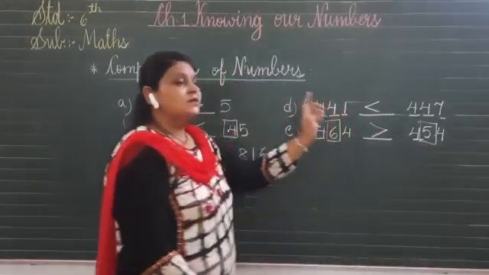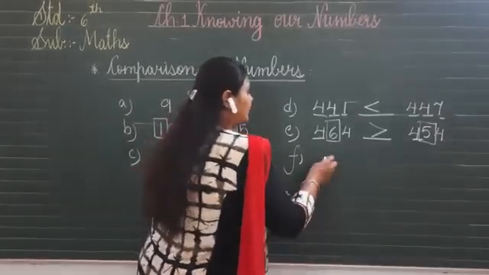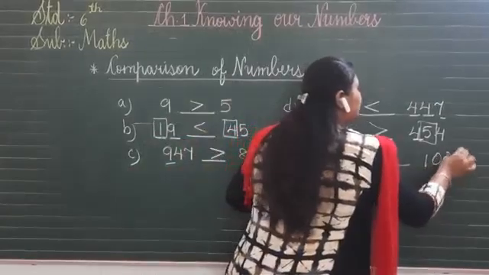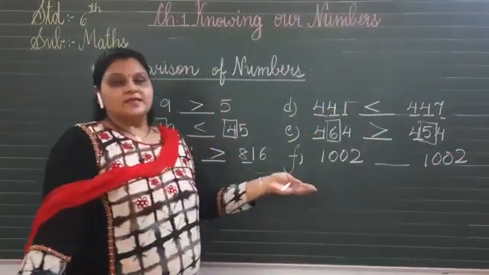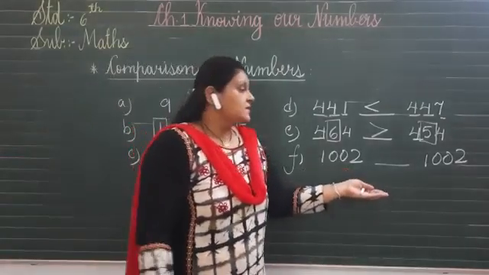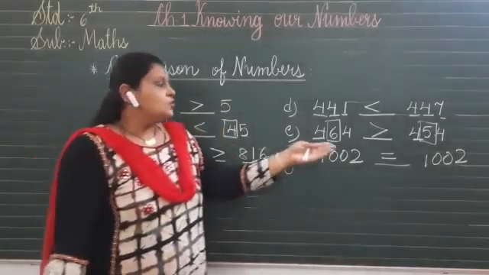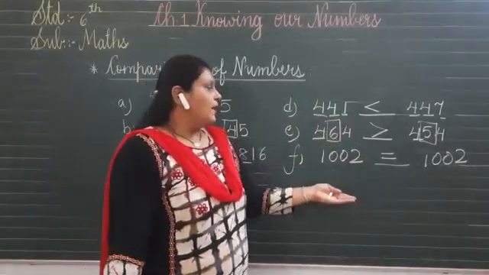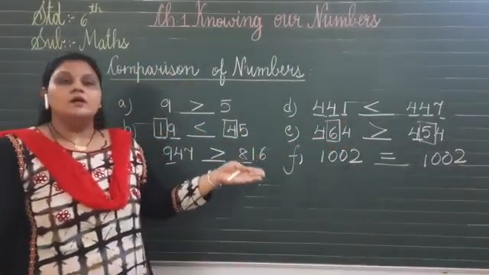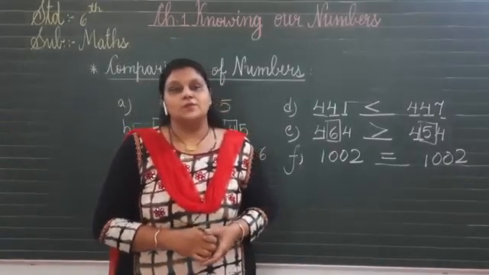So we will insert the sign like this. Now one more example. Let me give 1002 and 1002. In this case, by observing each and every digit which are the same, we can say both the numbers are equal, right? So this is how we have to compare numbers of 4 digit, 3 digit, 2 digit and can be more than that, 5, 6 and 7 digit also.